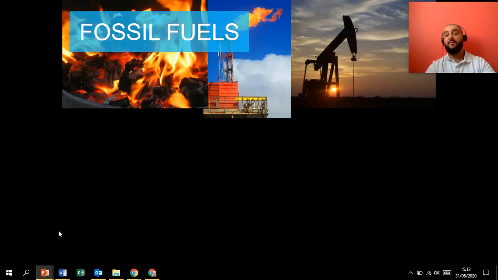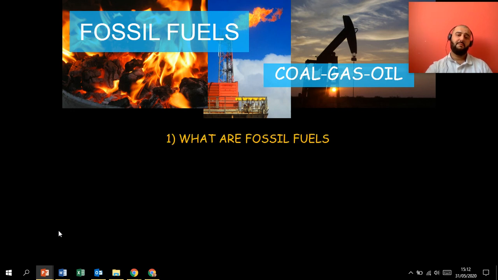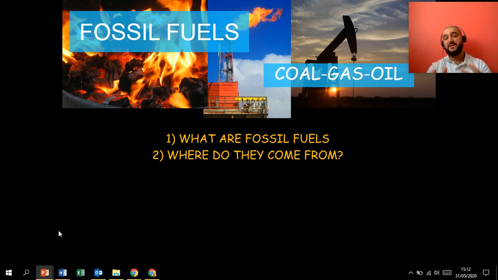So what are fossil fuels? Well, again, I think all of you have covered this in chemistry when you looked at hydrocarbons. And fossil fuels, of course, as the pictures there suggest, are coal, gas, and oil. Without going into too much detail on how these were made, effectively this is organic matter as a result of millions of years with heat and compression.